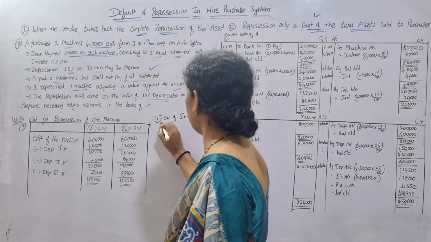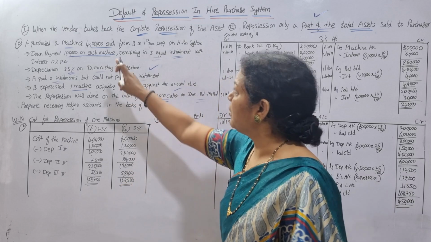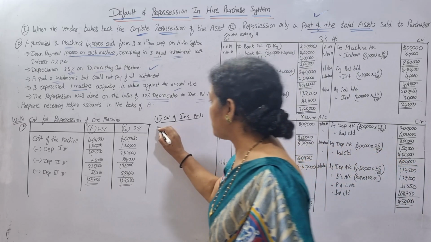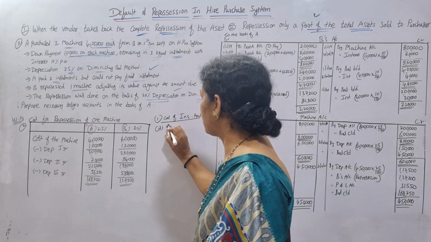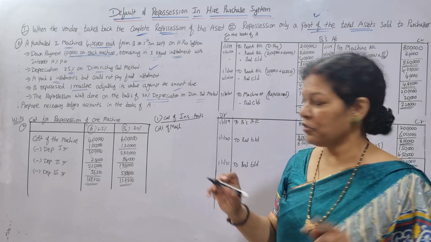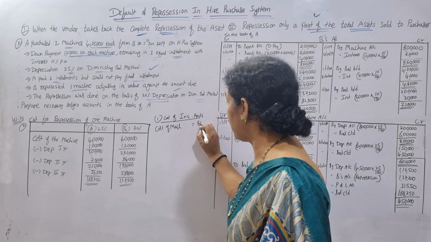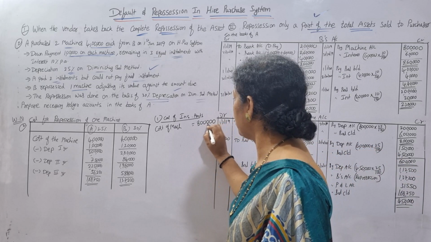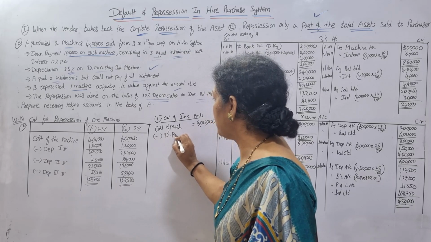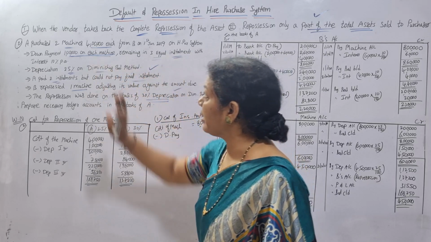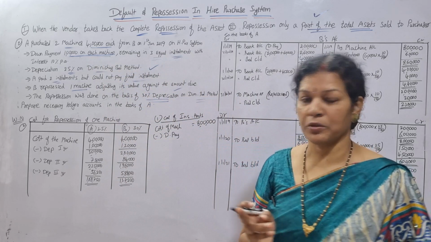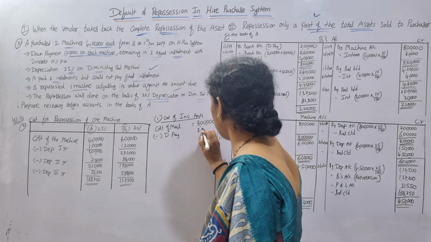Same as the previous problem. You know the cost value is 4 lakh each machine, so the total cost of the machines, 2 machines at 4 lakh each, is 8 lakh. Minus down payment. Down payment is 1 lakh on each machine, so for 2 machines the down payment is 2 lakh.